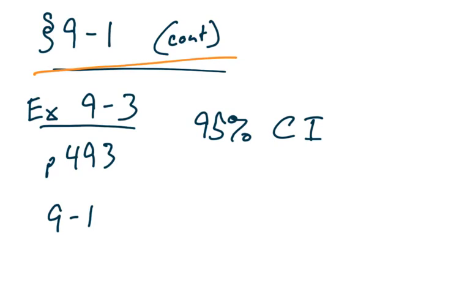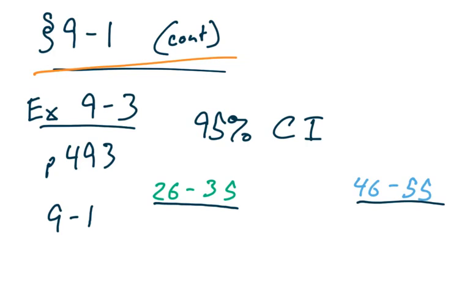We had the two age groups, 26 through 35-year-olds, and then 46 through 55-year-olds. And we were talking about the average number of hours of leisure time per week that they spent. So here we had one sample, x1 bar, 39.6 hours.